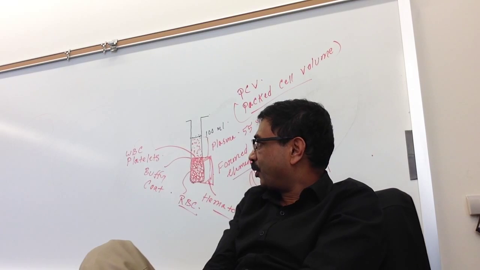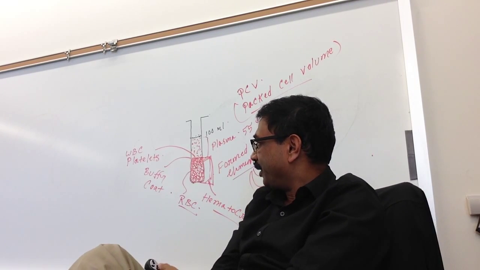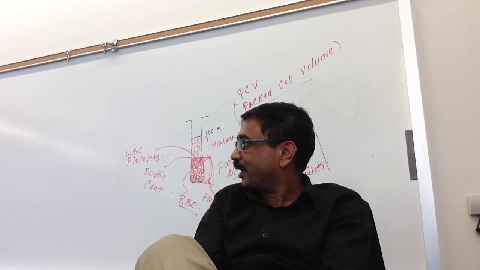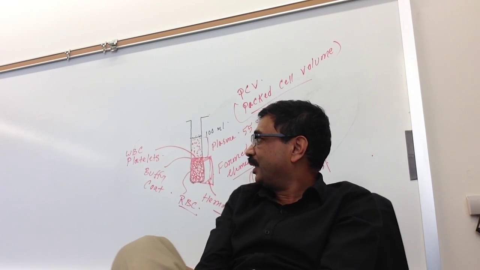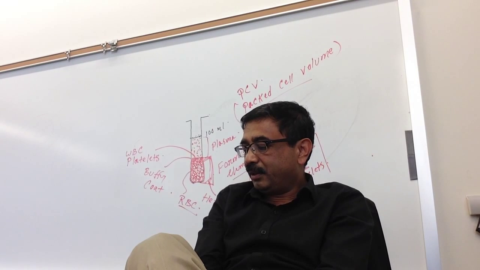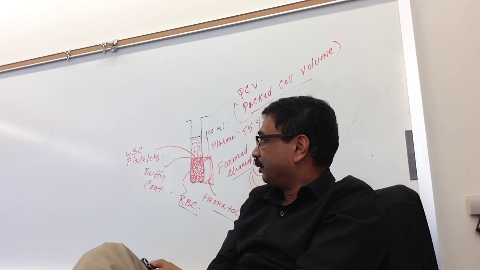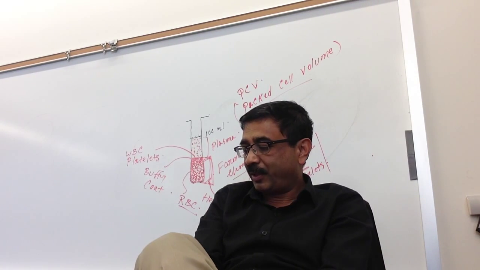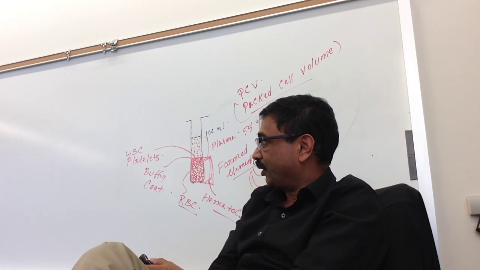Plasma is about 55%, formed elements is about 45%. Then you see the composition of plasma. 92% is water, 7% plasma proteins, 1% other solids.